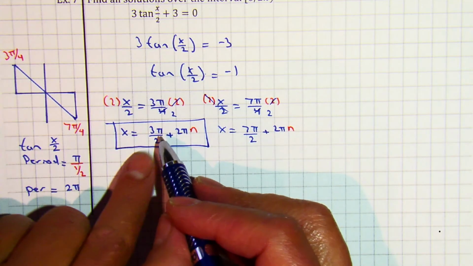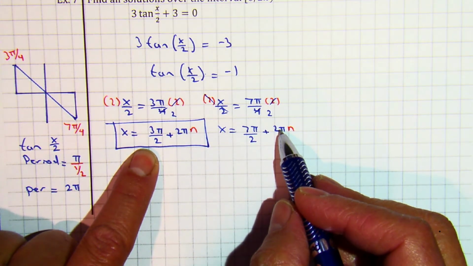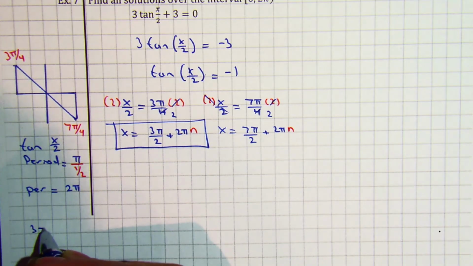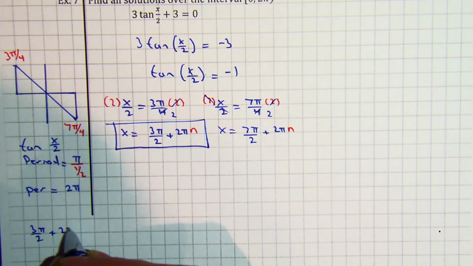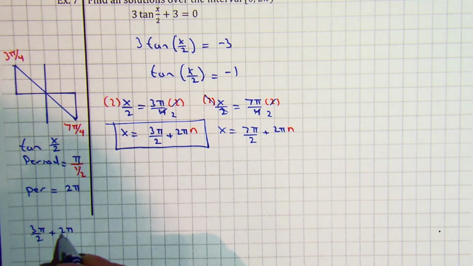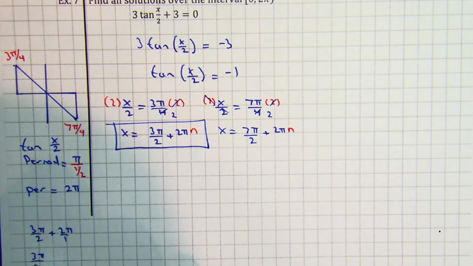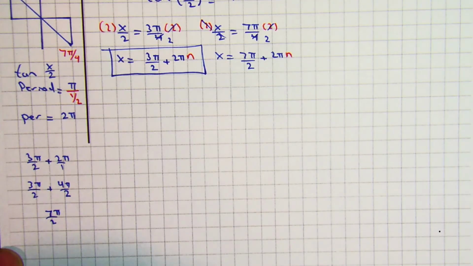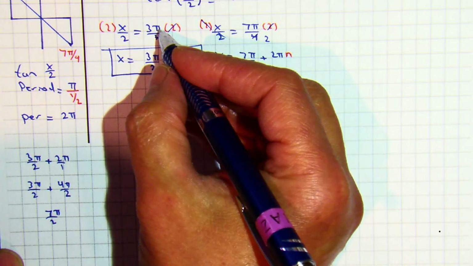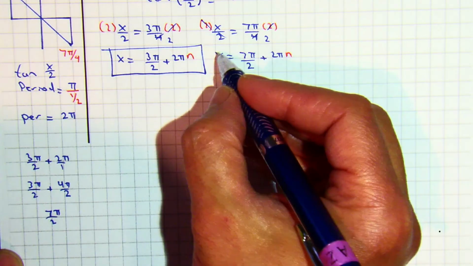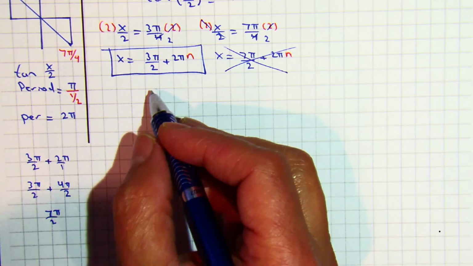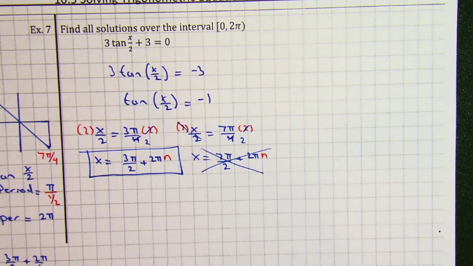Because if you add 2 pi to 3 pi over 2, that's 2 pi over 1, so it'll be 3 pi over 2 plus 4 pi over 2, which gives you the 7 pi over 2 that we have there. So whenever you have tangent, you actually don't need the second one because that's going to take care of it. Now, I need to be able to find all the solutions between 0 and 2 pi.